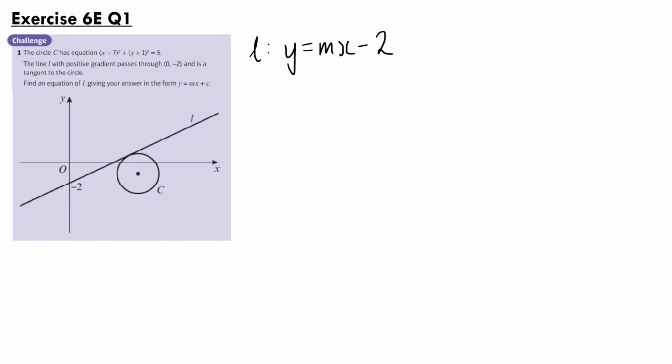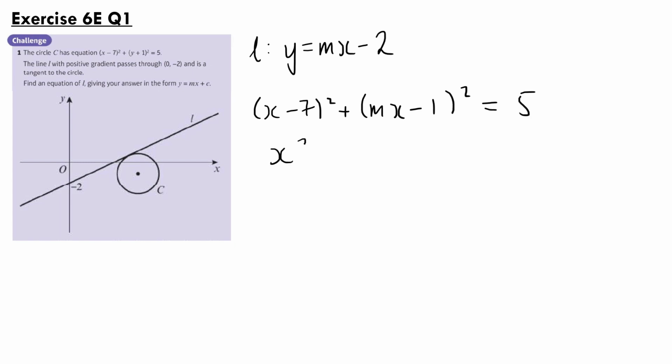Right, so we know that the line L only intersects the circle at one point, and so if we find the points of intersection by solving the two equations simultaneously, we should only get one solution, and hopefully we can use that to find m. So, if we plug in y = mx − 2 into the equation for the circle, we get (x − 7)² + (mx − 2 + 1)², so (mx − 1)², is equal to 5.